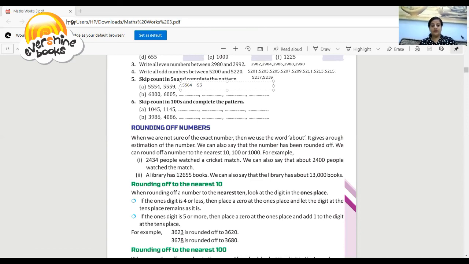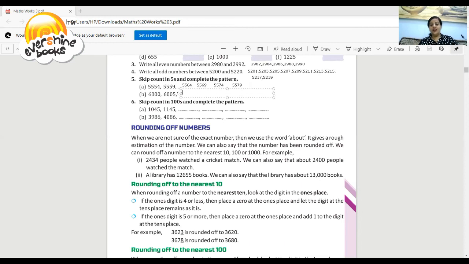So 5 will be the same, but 64 will become 69. Next, 5,569 plus 5 will be 74. Next, 5,574 plus 5 is 79. Okay, we have to write in 4 places. So we have written.